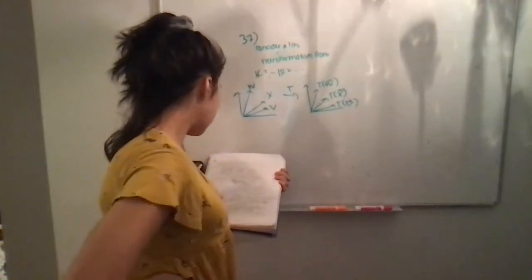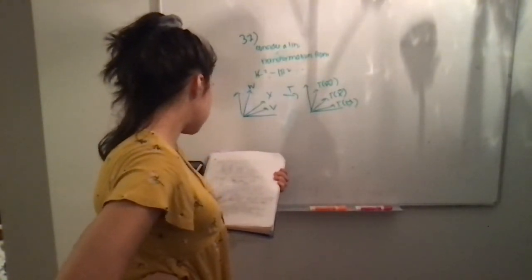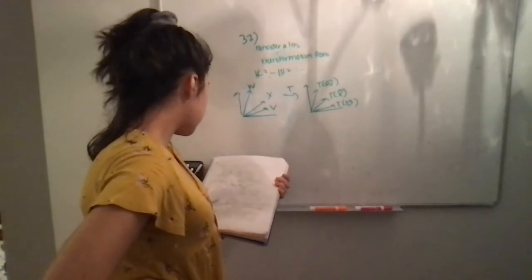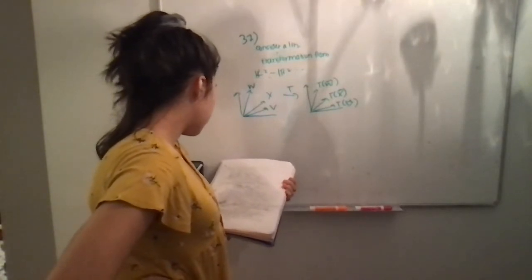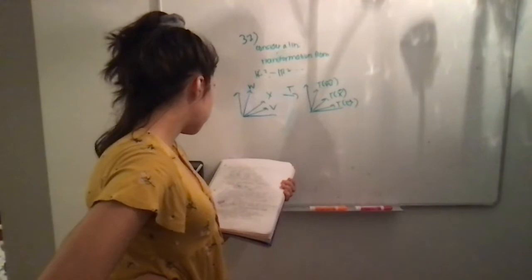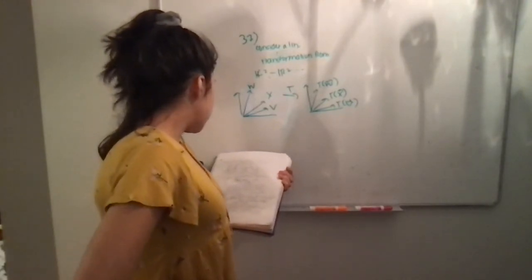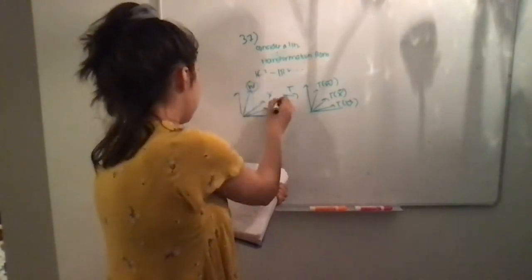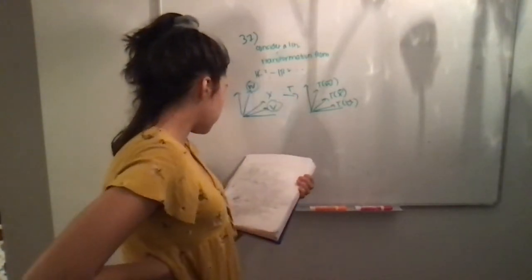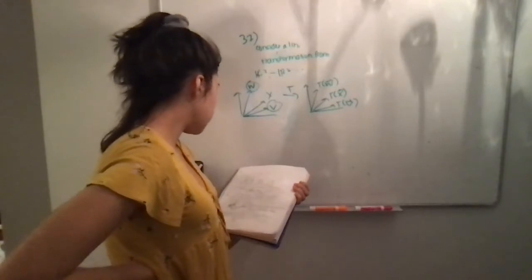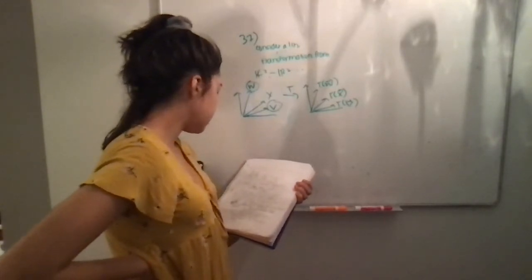What it wants you to figure out is whether or not, so you've got these two vectors, v and w, that are on this line, and x is another vector whose endpoint is on the line segment connecting the endpoints of v and w.